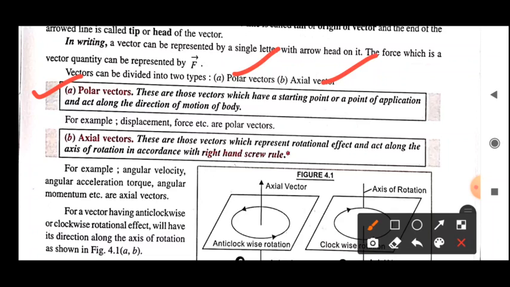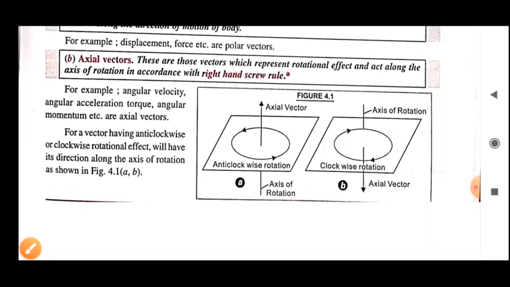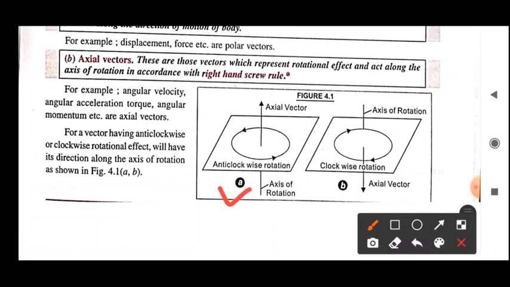Now the second one, axial vectors. Axial vectors are those vectors which represent rotational effect and act along the axis of rotation in accordance with the right hand screw rule. Here you can see clockwise or anti-clockwise rotations are given, and if you see the direction of their rotation, then the vector passes perpendicular to the area, or along the axis of this rotational field.